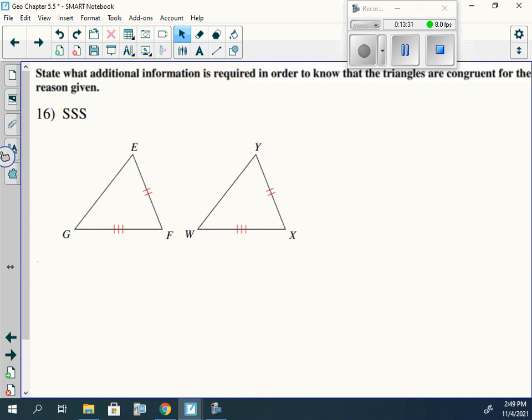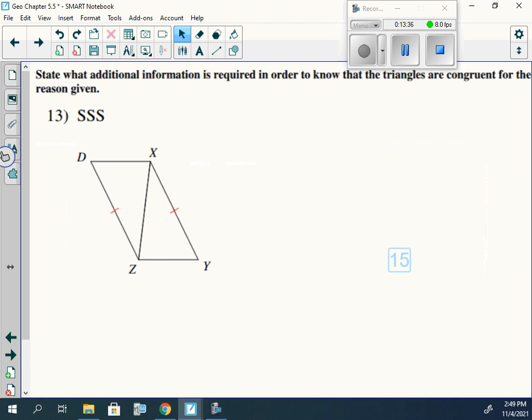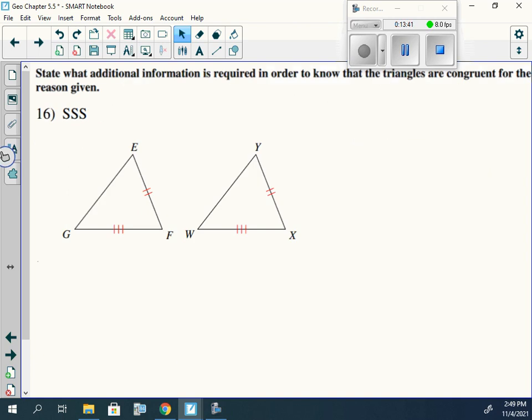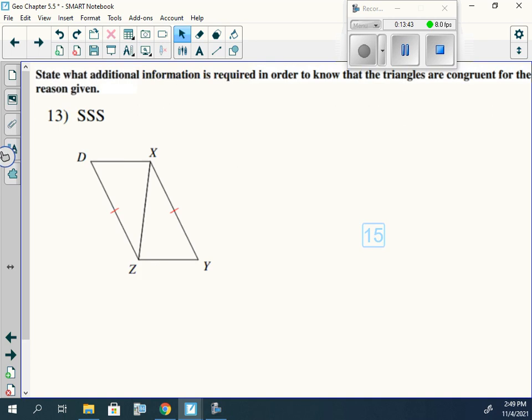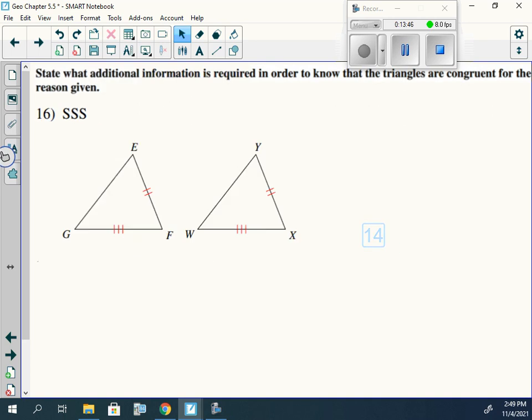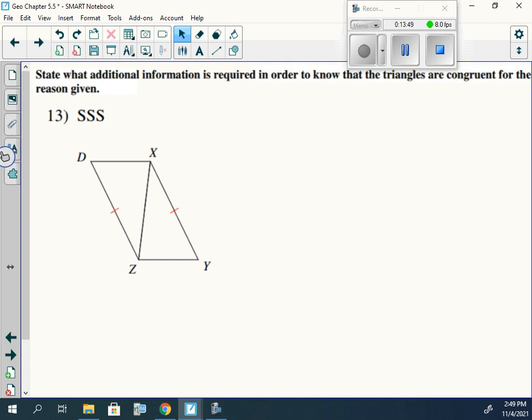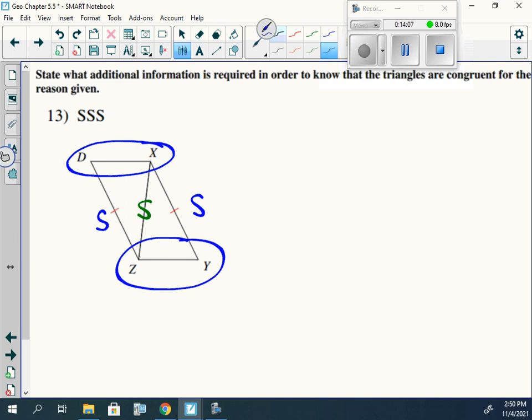Because I think we have 16 and 13 left. Which one do y'all want to look at, 16 or 13? 16? We can do 13 then, because I'll confirm 16 here in a minute. So 13, if we look at this here, we are already given that XZ and XY are congruent, yes? And XZ would be congruent to itself. So DX and ZY would be the ones missing.